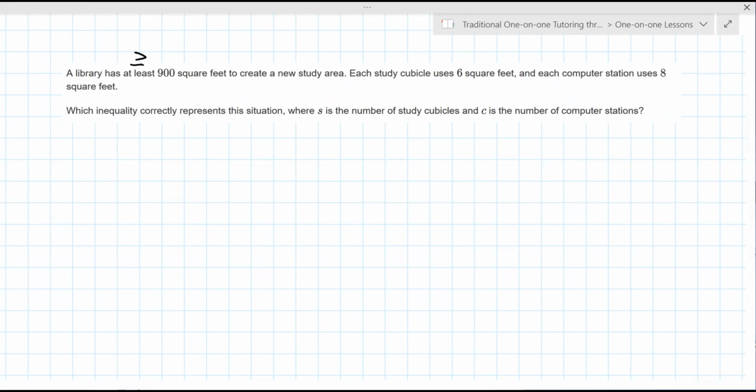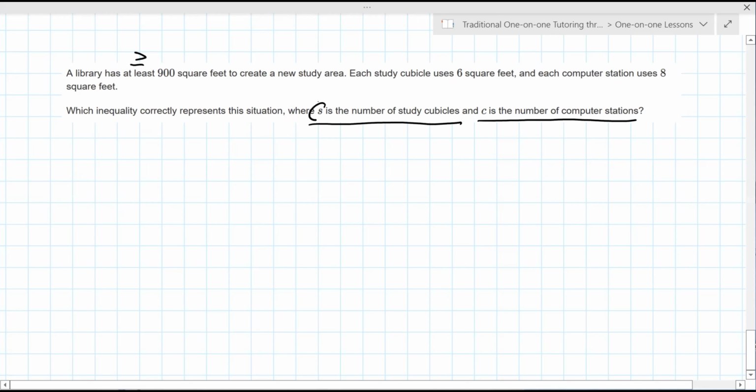Each study cubicle uses 6 square feet, and each computer station uses 8 square feet. They want you to use S for the study cubicles and C for the number of computer stations. So 6 goes with the S and 8 goes with the C.